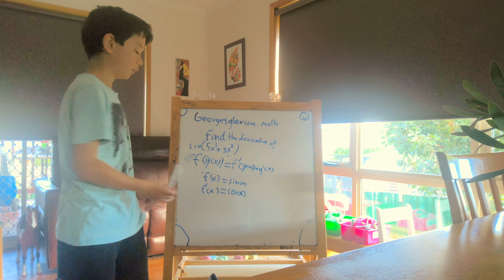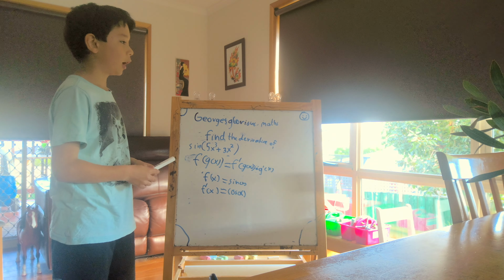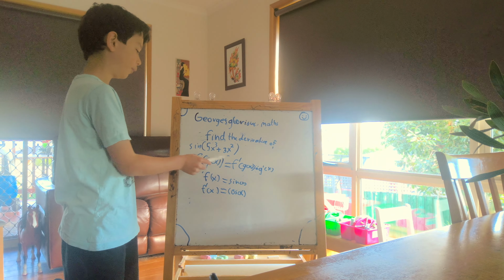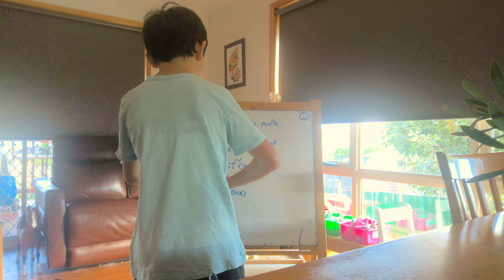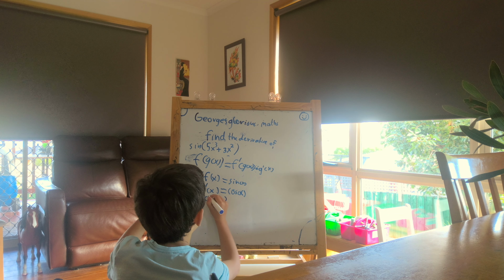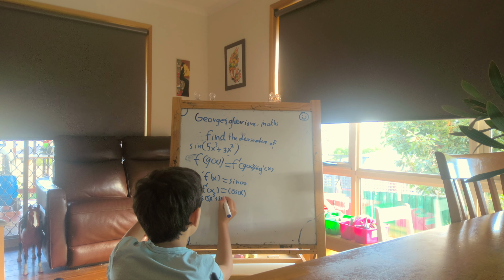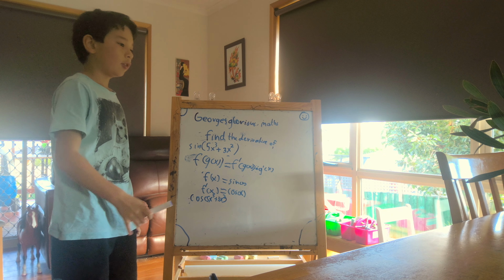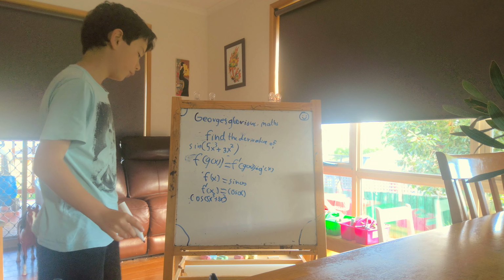Cosine of x. Since we're not taking the derivative of the whole thing and just pretending that the thing inside is a single variable, that's the first term. But now we need to multiply it by the derivative of the inner function.